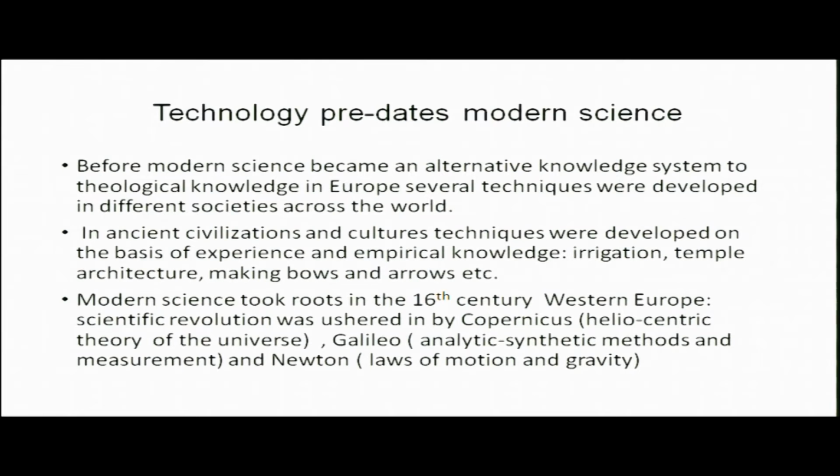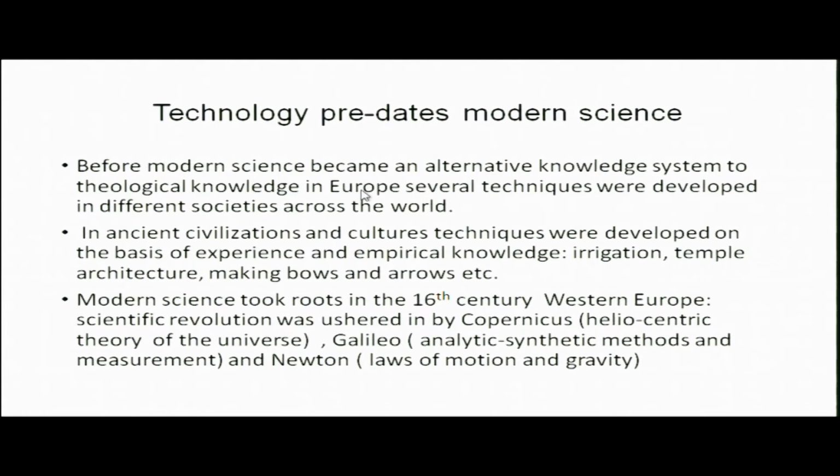Next, Galileo was the one who established analytic and synthetic methods and also insisted upon measuring observations so that one can see the variations. Newton was the one who discovered gravity and also proposed laws of motion, right.